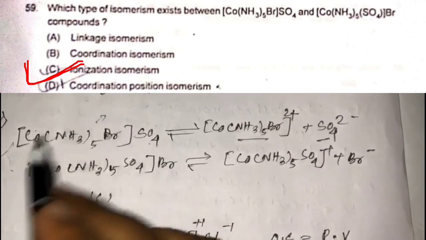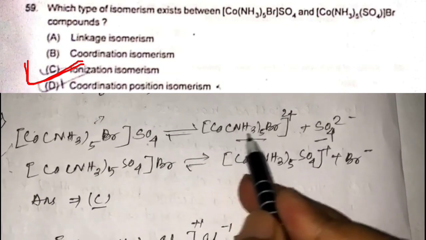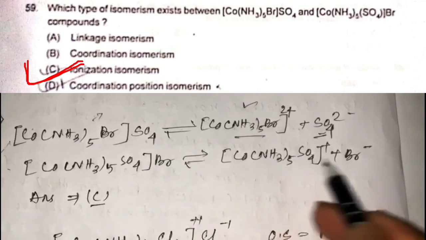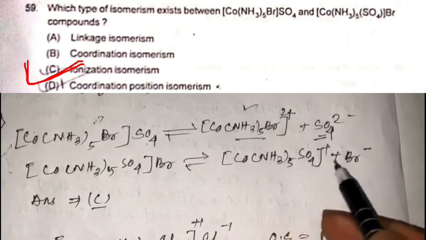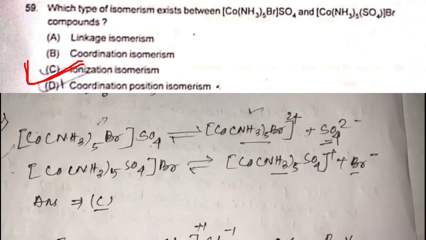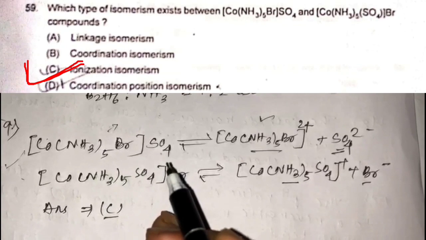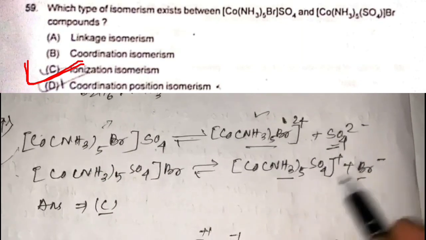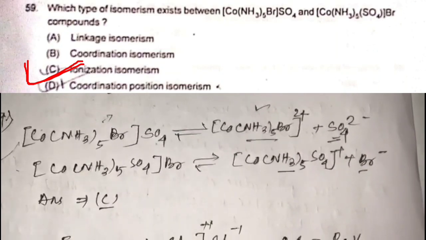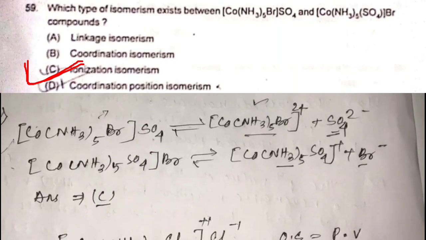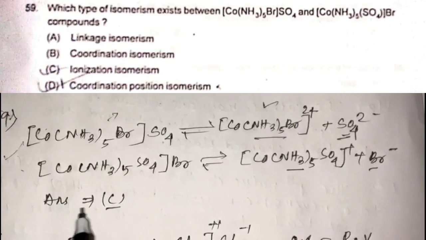If this complex undergoes dissociation, this will form this ion and this ion. If the other complex undergoes dissociation, then it will form these two ions. Okay, so molecular formula is the same for both complexes, but the ionization product is different for both of them. So they are giving ionization isomerism. Alright, so the correct answer for question 59 is C.